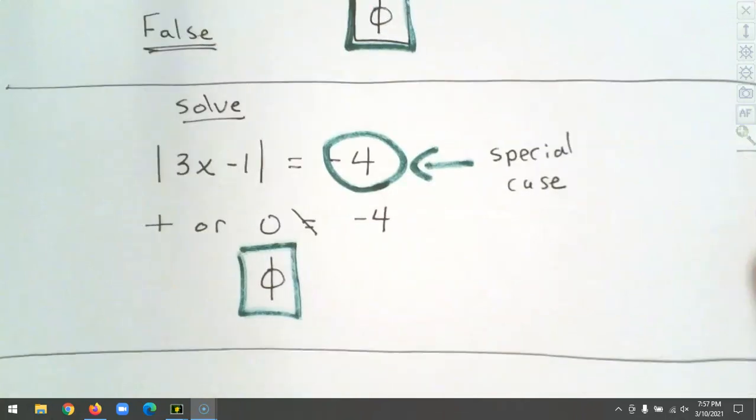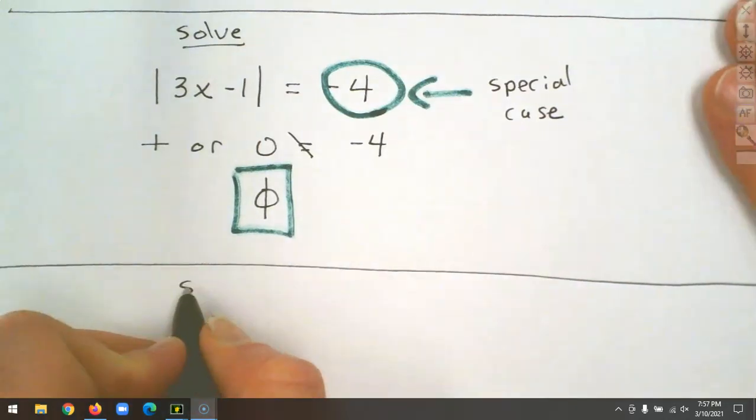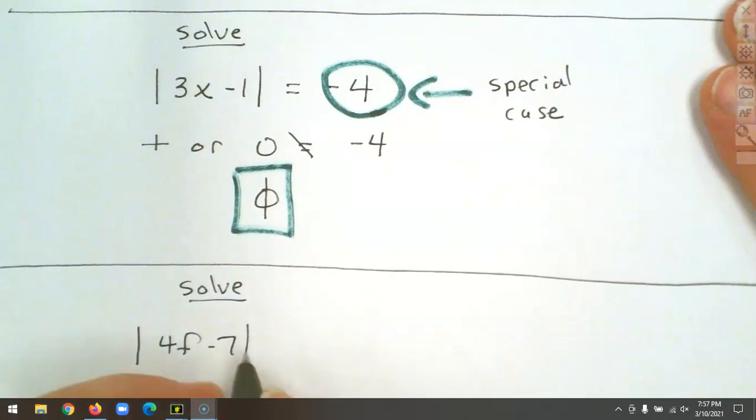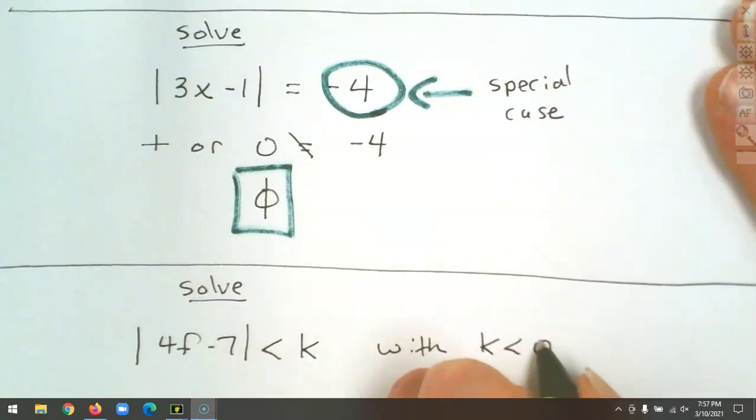And these are going to be either true, meaning everything, or false, meaning nothing. So let's work through one more of these. This one's going to be a little bit different. Let's say I give you the absolute value of 4f minus 7 is less than k, with k being less than 0.